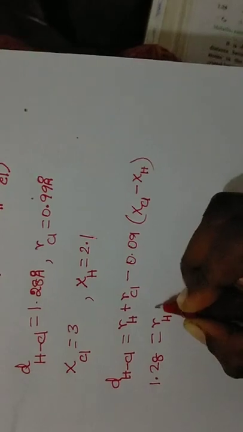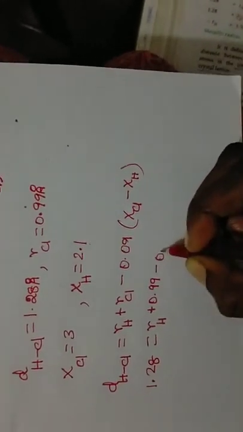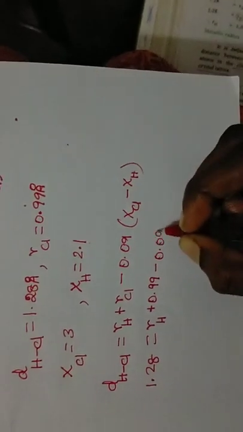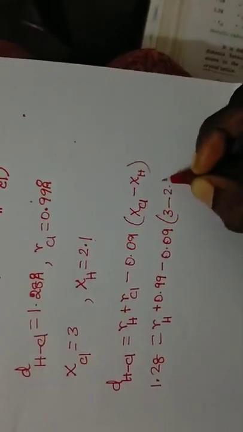Then write the values: 1.28 equal to RH, which we don't know and have to find, plus RCl, which is 0.99, minus 0.09 into XCl, 3, minus XH, 2.1.